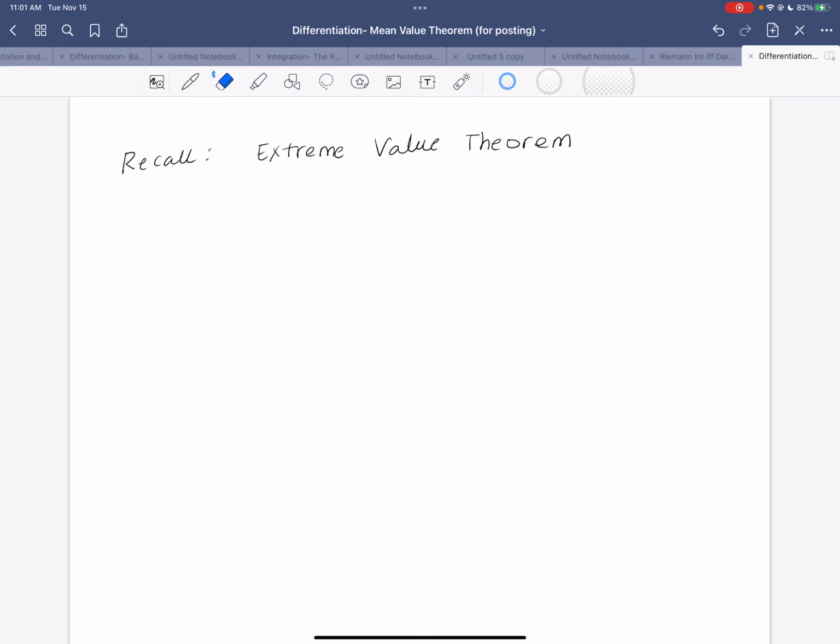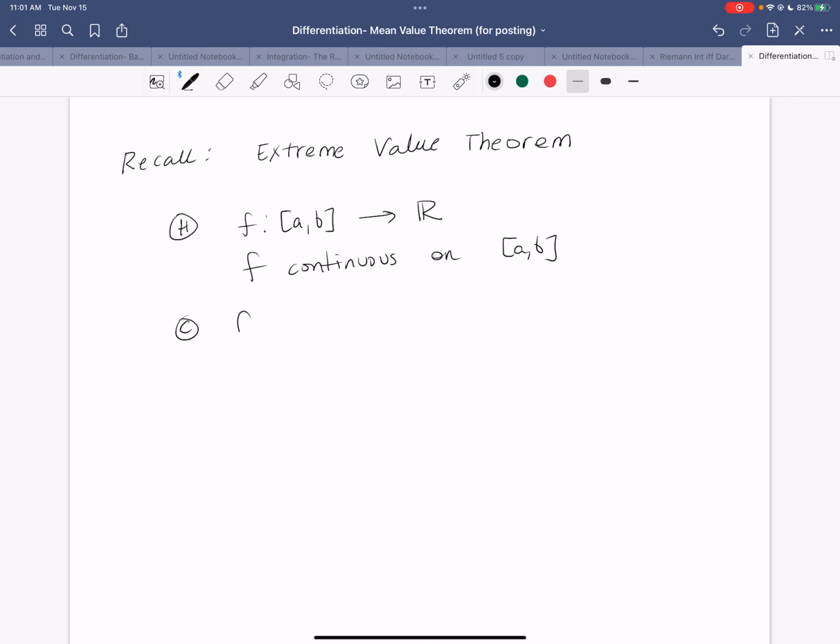It basically says if you have a function that is continuous, say on some compact domain, then f attains its extrema.